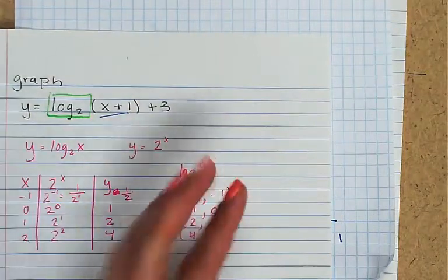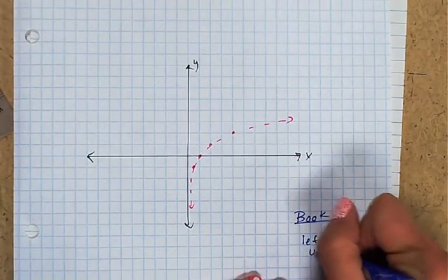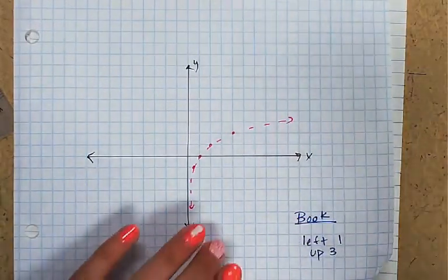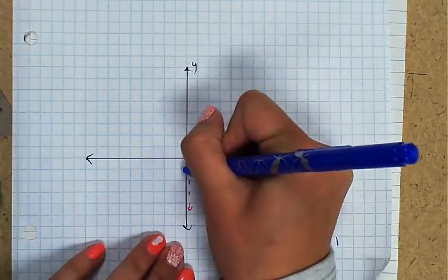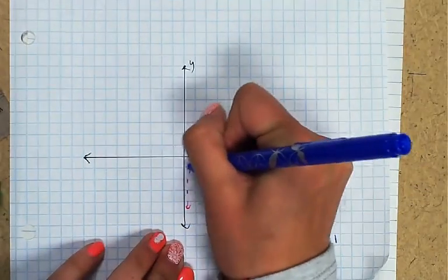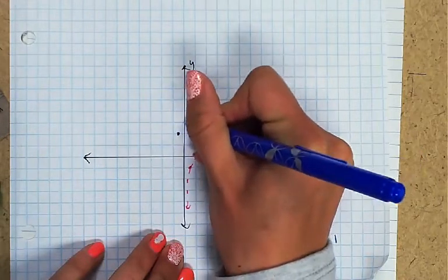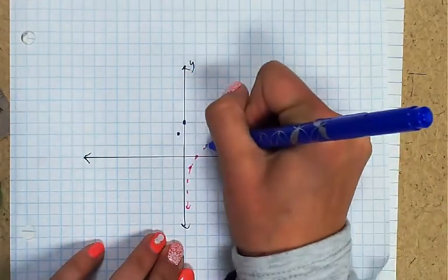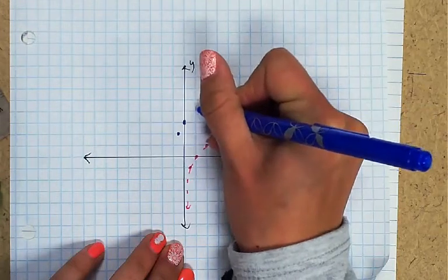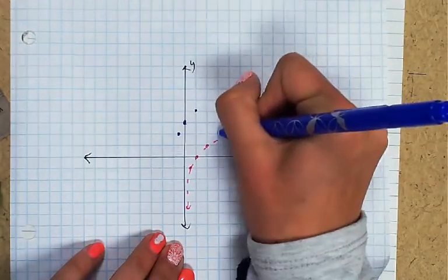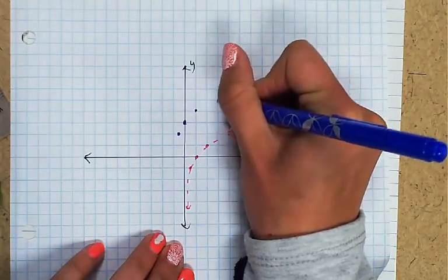And then there's this number outside the parentheses that says plus 3. So that means I'm going to go up 3. So all 4 of these points, I'm going to take them left 1 and up 3. Left 1, 1, 2, 3. Lastly, left 1, 1, 2, 3.